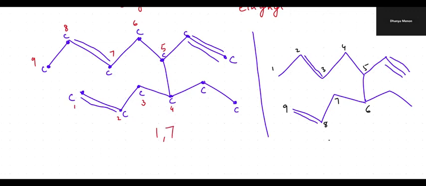And in this case, it is in the 2nd position and 8th position. So if you see the first point of difference, this is 1 and this is 2. Clearly, you will go with this numbering, because you are checking the first point of difference. So we will not use this numbering, we'll use this one. Okay, I hope I'm clear over here.